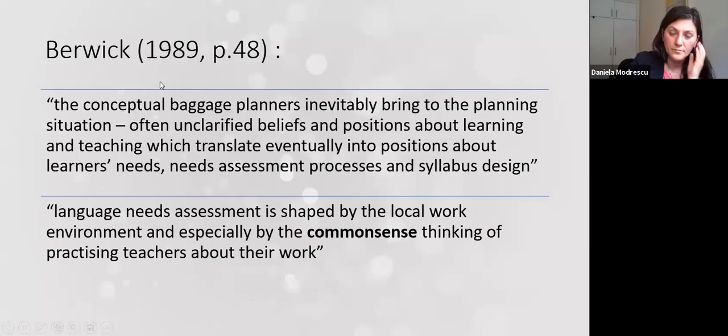And to this I have a little heads up: Berwick, in 1989, already mentions that we develop curriculum, and with the curriculum, if we have the freedom to do it, we also choose or develop the materials.